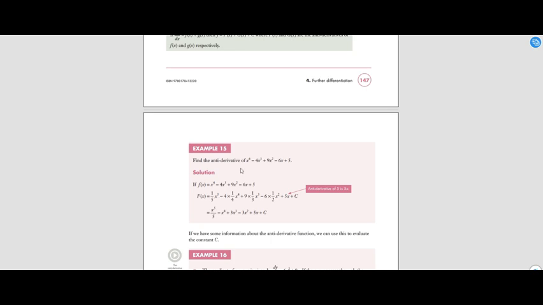So for x to the power of 4, they're doing x to the power of 5 by 5 minus 4 into x to the power of 4 by 4 plus 9 into x cubed by 3 minus 6 into x squared by 2 plus 5 becomes 5x plus c, right? And then they're simplifying. So you just apply the formula and then simplify it.